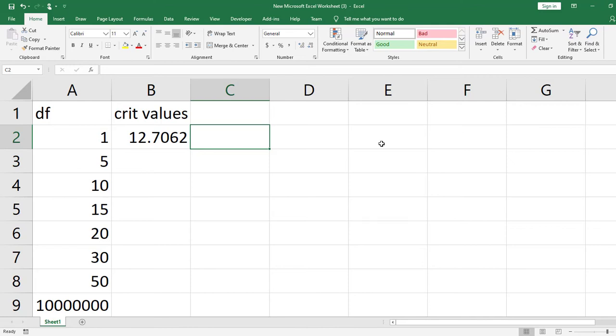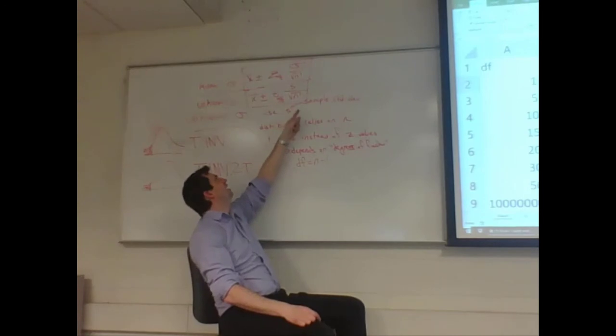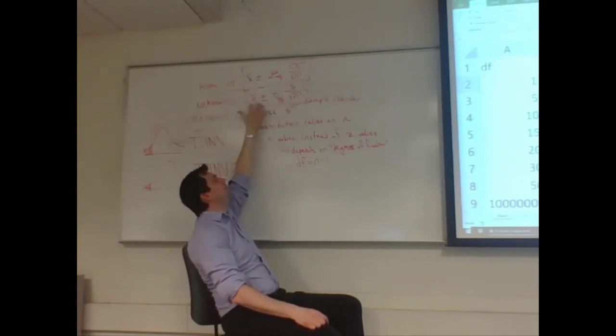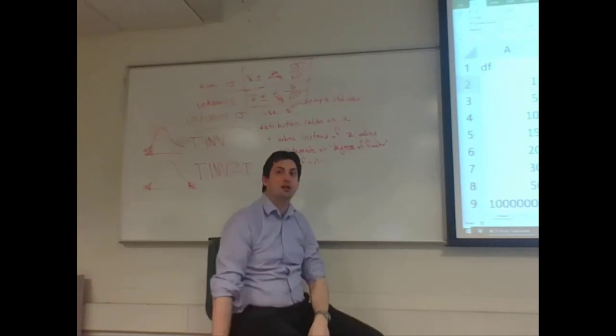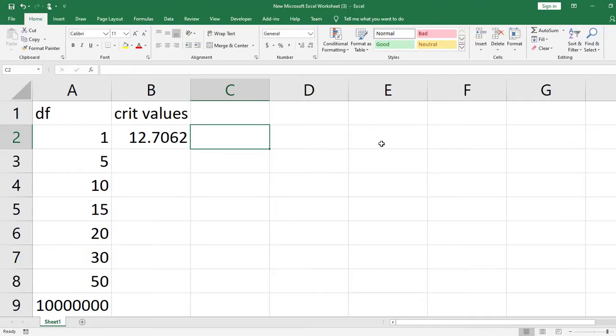If you're working with only 2 observations and you want to claim that you're capturing the true population mean, you're going to have to take 12.7, put it right in this value, and then it's going to be huge. You have to multiply it by the standard deviation and then divide by the square root of 2. That's going to be a very big range. But it should be a big range. You're operating on only 2 observations, right? You know very little.